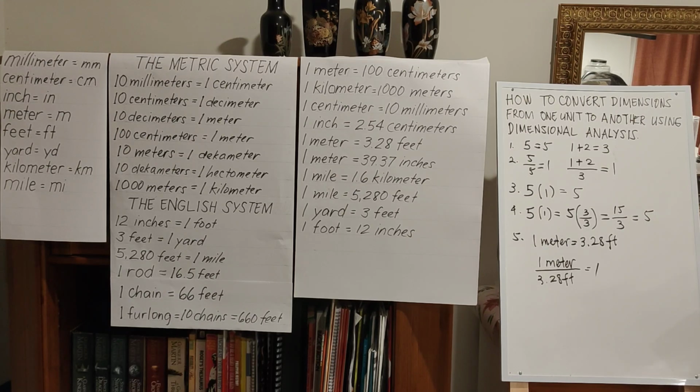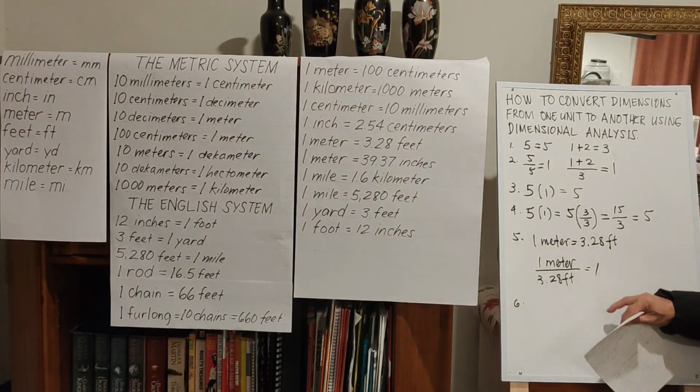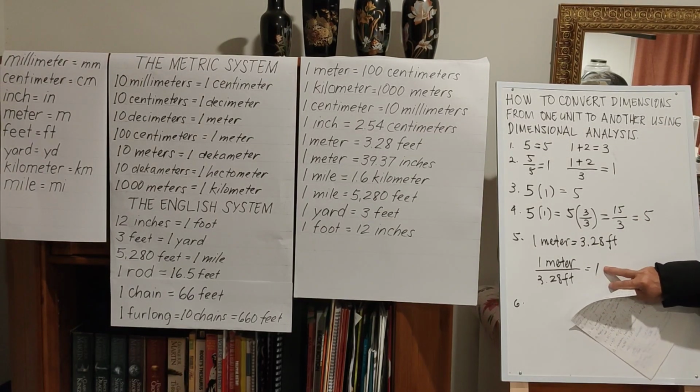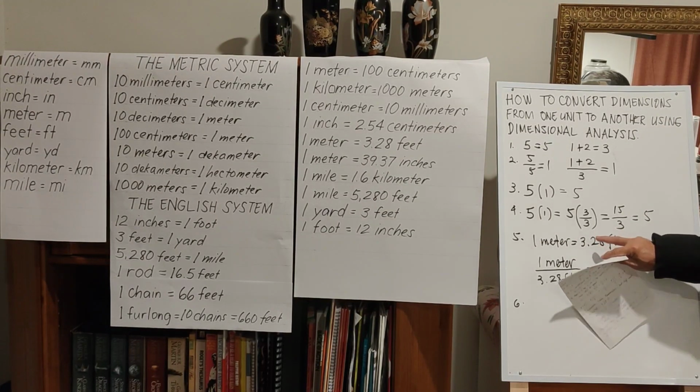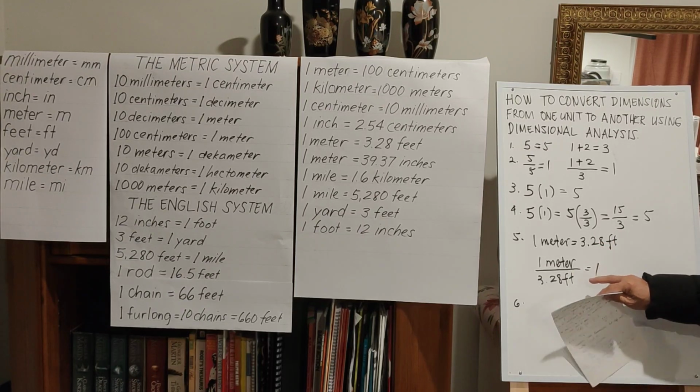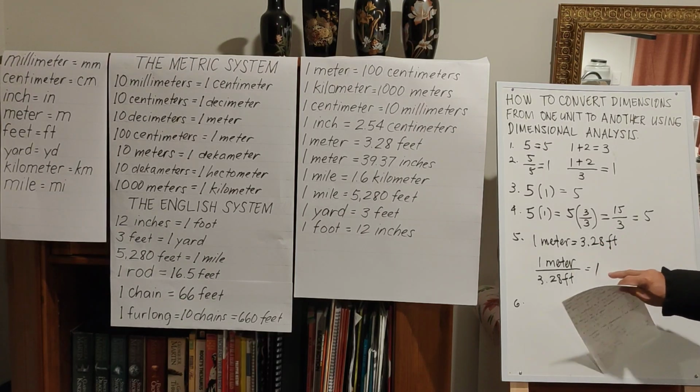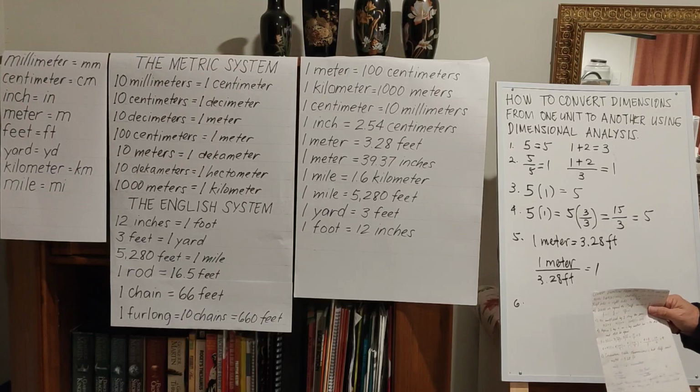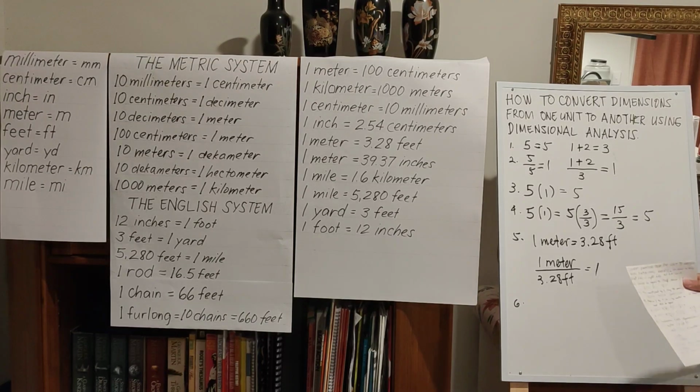So rule number 6, because this one is equal to 1, these conversions, if you make them into fractions, will be equal to 1. You can multiply it to any number and the value will stay the same.